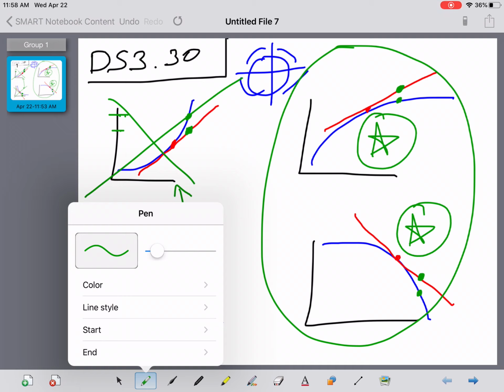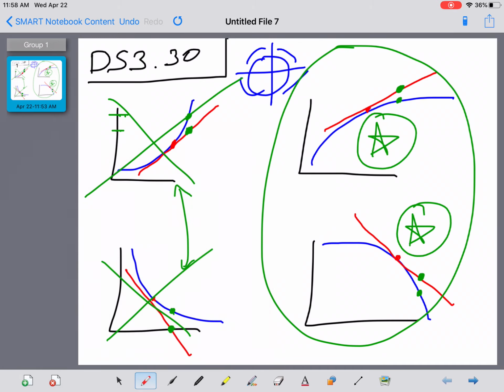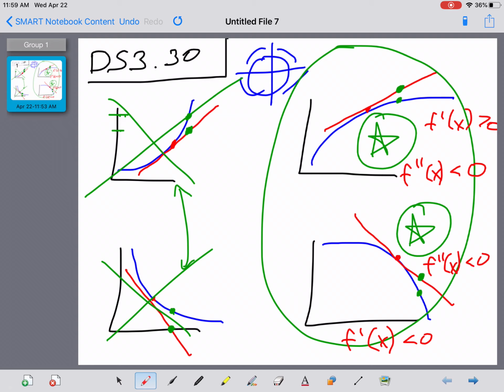And so when we think about what it is that those two curves have in common, it's not behavior. The first one is increasing, where its first derivative would be positive. The second one is decreasing, where its first derivative would be negative, so that's not it. But if we think about second derivative, this first curve is concave downward, so its second derivative is negative, and this second function is concave downward as well, its second derivative is negative as well.